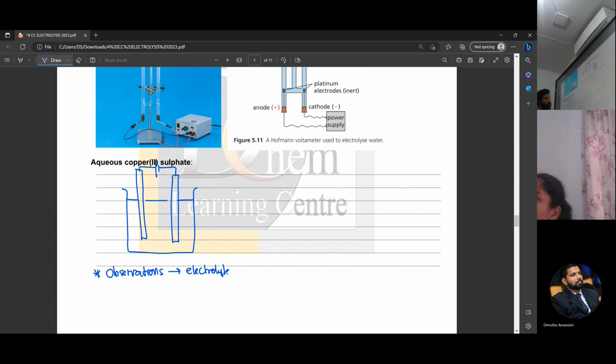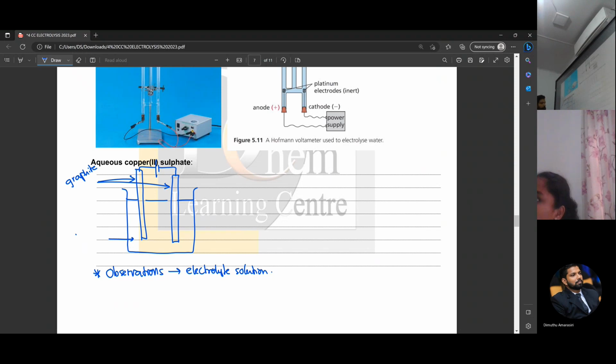Electrolyte solution observations, and these two are graphite rods, graphite electrodes.